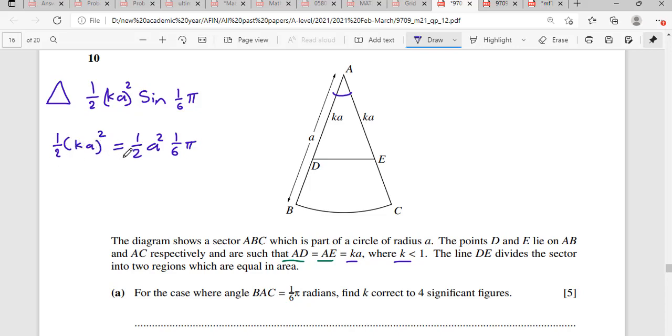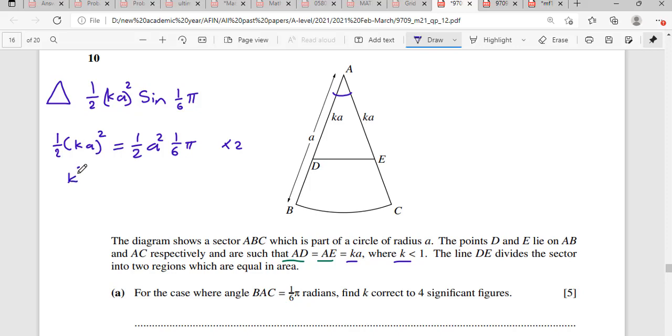Let's find some value of k. Let's find some value of a including k. Then to do this, the a squares cancel each other. We can find k here. This square will go to both. It will be 1 over 2, and if we multiply everything by 2, we will get rid of these two 1 over 2s, and this square is for both.